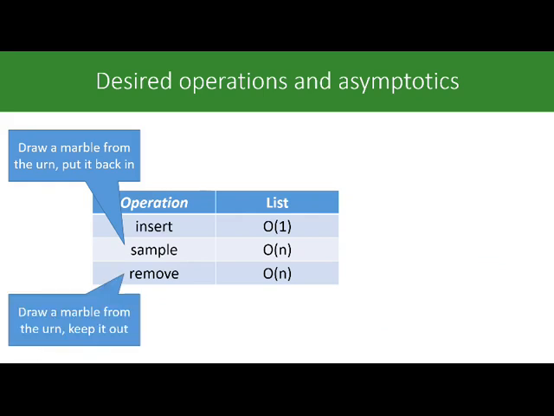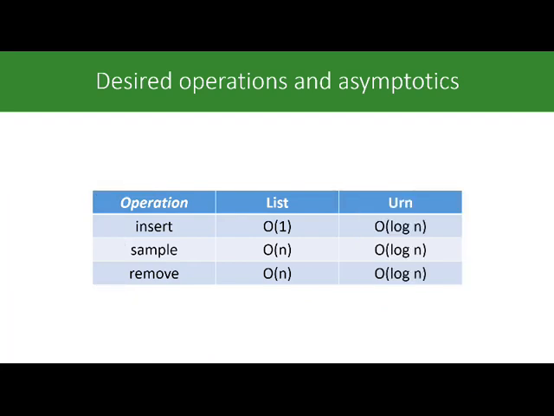And remove, by which I mean drawing a marble out of the urn and keeping it out, which happens in linear time, again. In this talk, I'm going to present urns, a data structure for logarithmically performing all 3 of these operations. We have implemented this data structure, and it's currently on Hackage if you want to play with it.